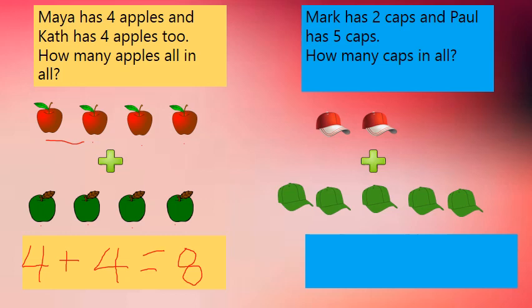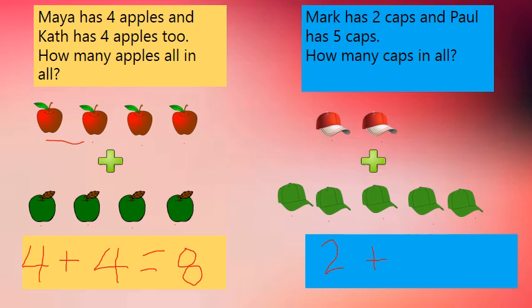Okay, are you done? So let's do it. The first given number is 2, right? 1, 2. So let's write it down. Copy the plus sign. And then the second given number, we have 1, 2, 3, 4, 5.